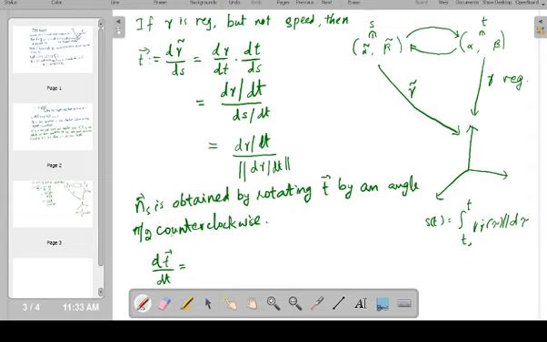So vector T is expressed in terms of the original parameter small t like this. So what is dT by dt?